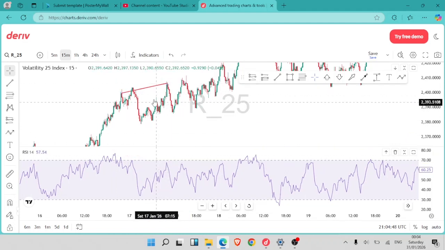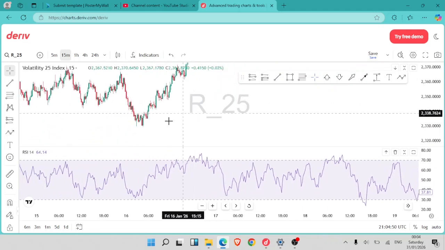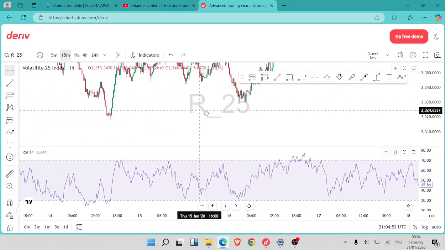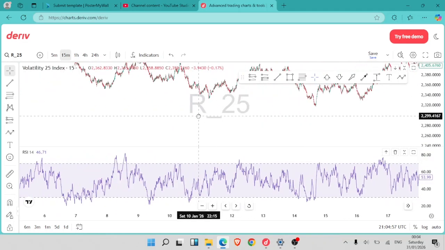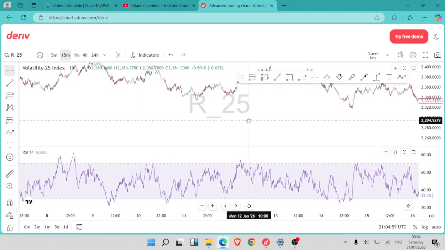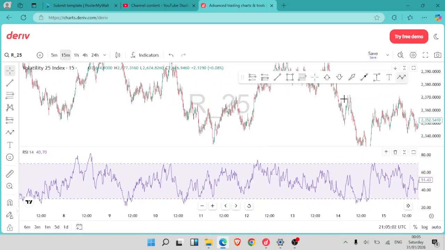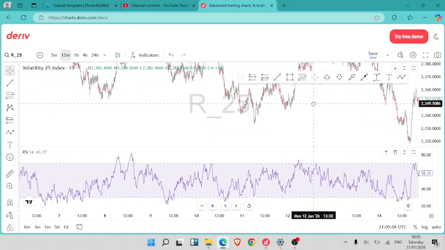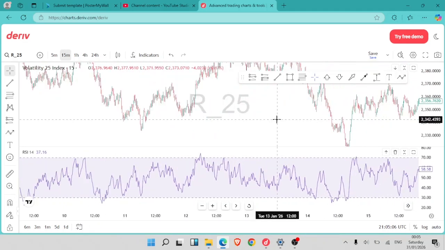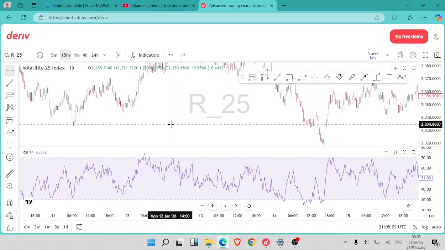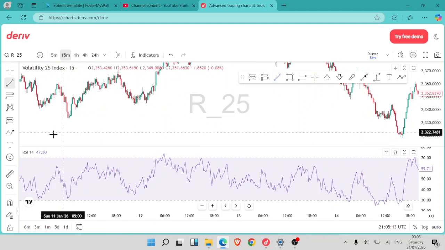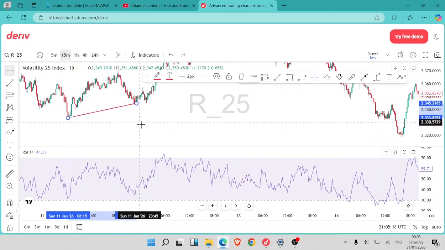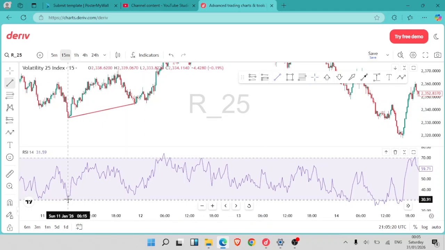Let us look at a bullish RSI divergence example. In a typical scenario, when price is forming lower lows and lower highs, we expect RSI to be doing the same thing. For example, here a lower low and a lower high, and RSI is doing the same thing.